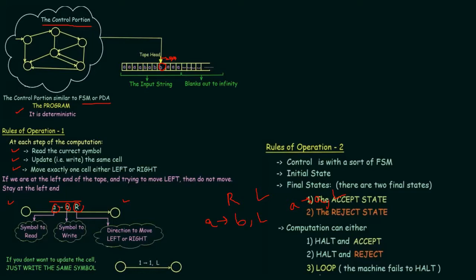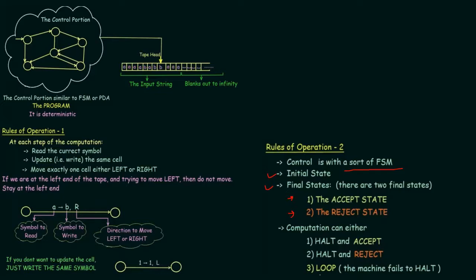What are the rules apart from this? As I said, the control portion is basically like the finite automata. Apart from that, there will be an initial state and a final state. Now here there can be two kinds of states: one is an accepted state, another is a rejected state.